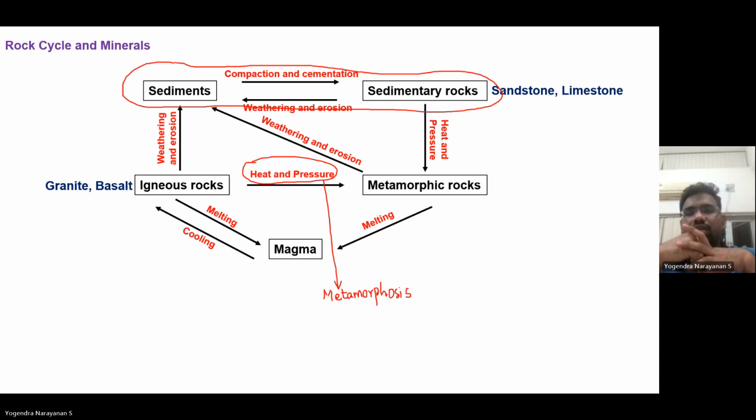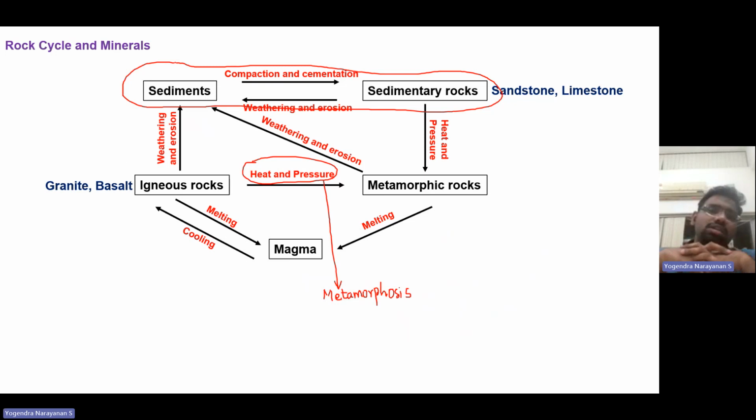And sedimentary rocks are sandstones and limestone. A common notion of the use of sedimentary rocks is that they are the reservoirs, that is, the reserves of crude oil and natural gas.